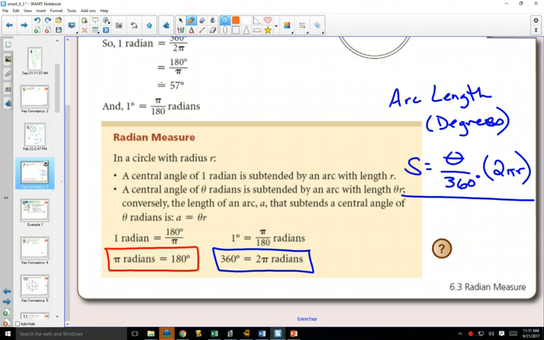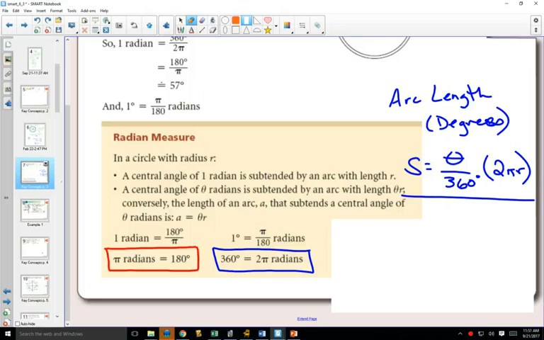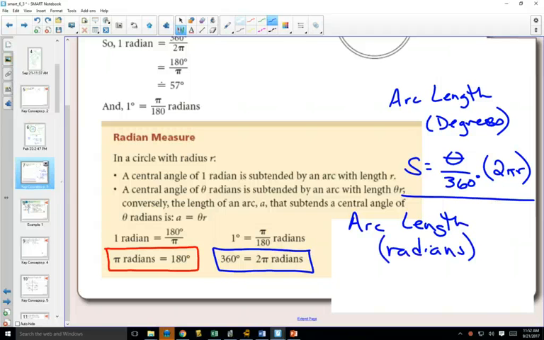What we're going to add right now is the formula in radians. So if, instead of thinking in degrees, you wanted to figure out your arc length in radians, you're still thinking proportionally. Your arc length is going to be theta, the angle you chose, but instead of 360 degrees, what am I going to put? 2 pi.